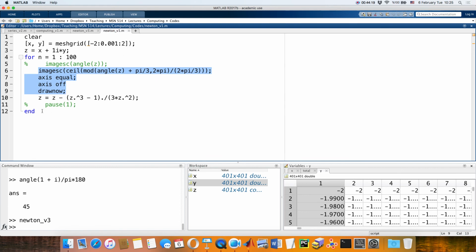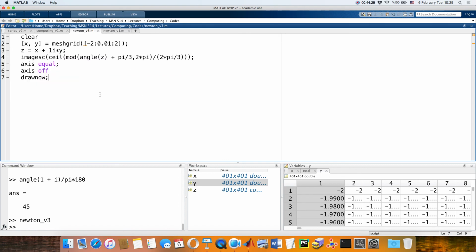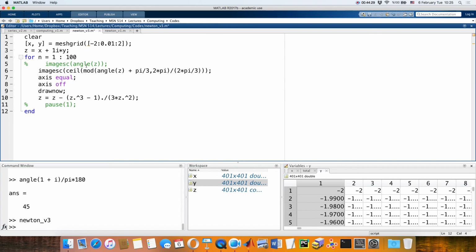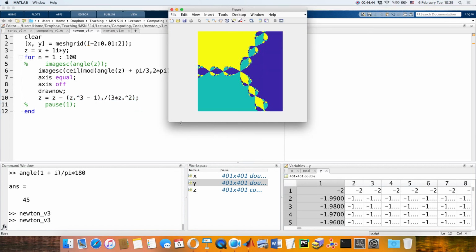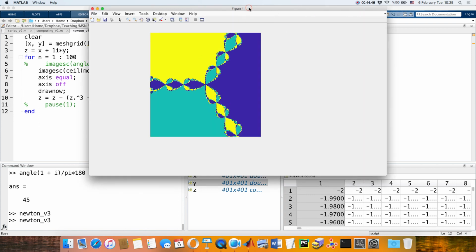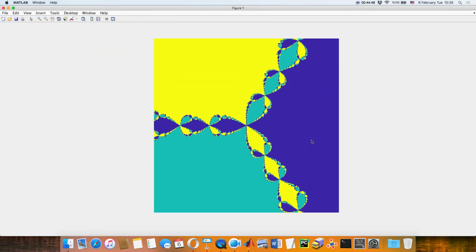So you can see I did it over here. We are about to finish the lecture, so that's why I'm moving quickly. As this progresses, you can see that we are applying the Newton-Raphson method to all individual points. So that's what happens at the end of the day.